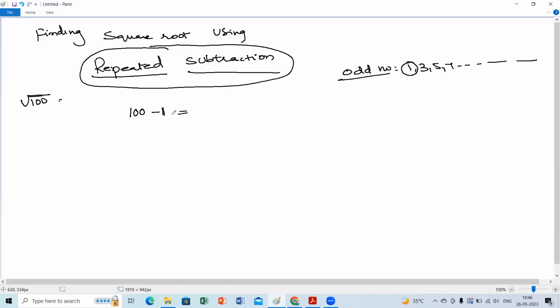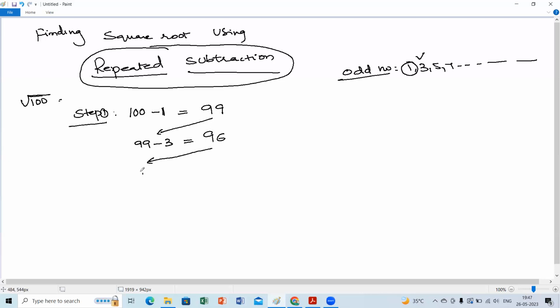In step 1, you subtract 100 minus 1. 100 minus 1 is 99. Now 99 minus the next odd number, 3. 99 minus 3 is 96.